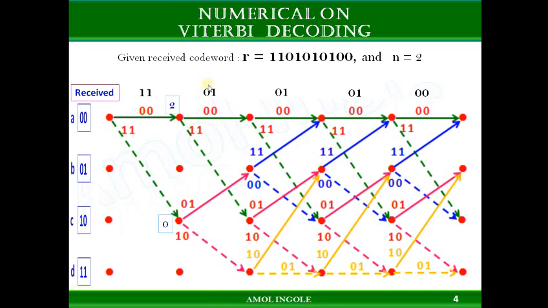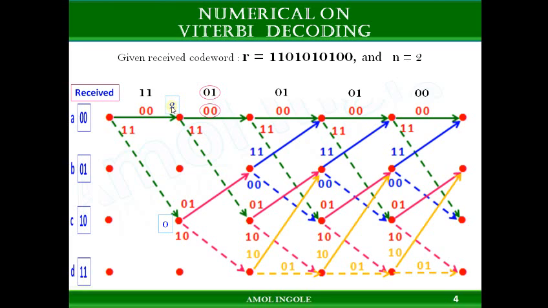Let's repeat the same step in time step number 2. Here 0 1, finding the Hamming distance between 0 1 and this 0 0. There are 4 paths, so we are finding it for the first path. Hamming distance is 1 here, as there is only one place at which it differs. So this is 1, this is 0. So Hamming distance is 1 here, which will be added with the path metric of earlier branch.